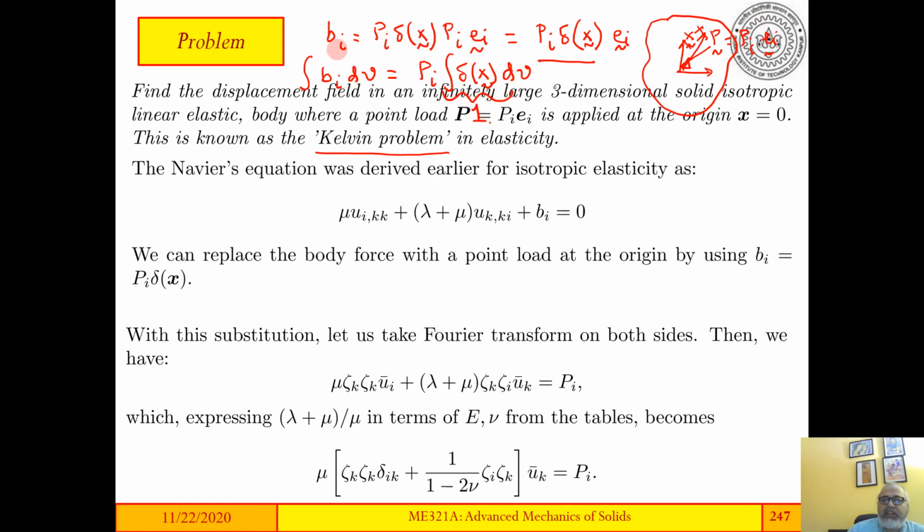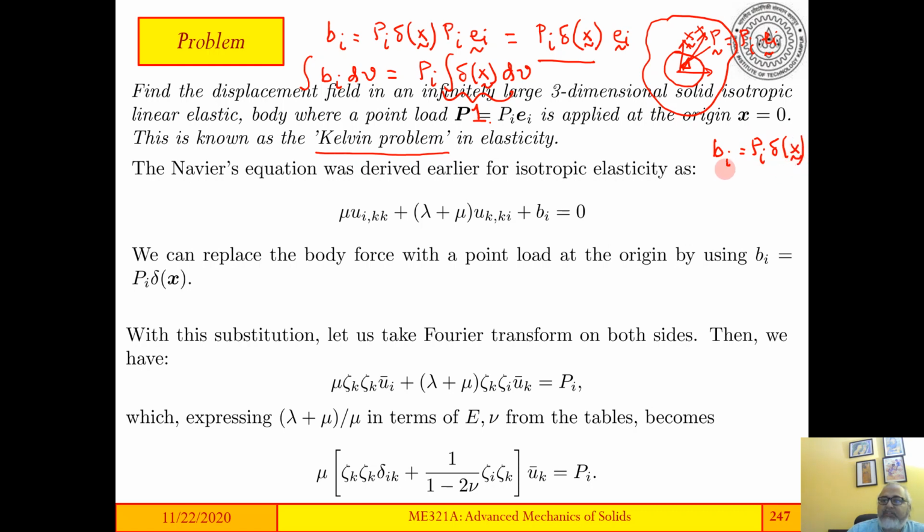Therefore, for any arbitrary volume around the origin, the net force due to this distributed load P_i delta(x) and the concentrated force P_i are the same. So the first thing to note is that this concentrated load applied at the origin can be treated as B_i equal to P_i delta(x).